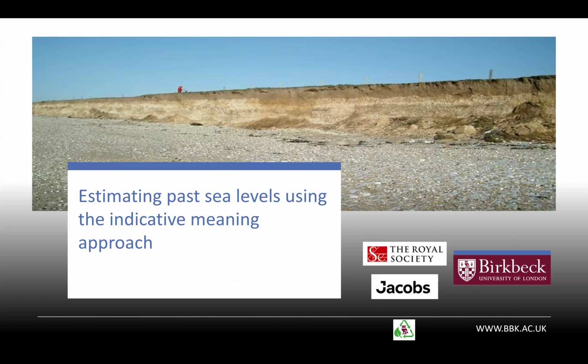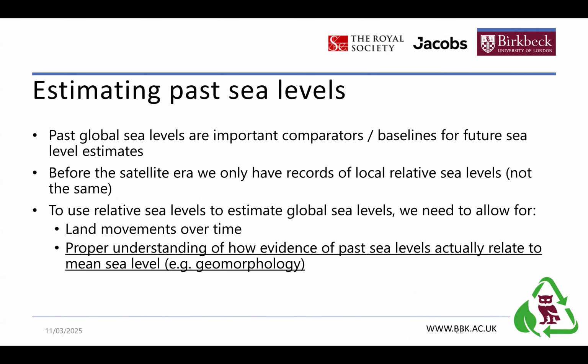Okay, so now it gets a bit technical, so do stop me and ask questions if I go too technical. Just going to try and talk you through how you estimate past sea levels using this indicative meaning approach. So we've already said that past global sea levels are really important for future sea level estimates.